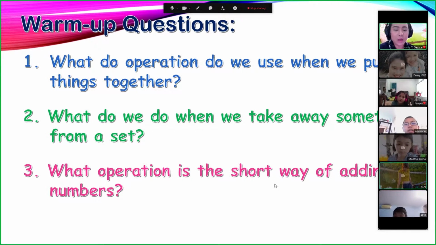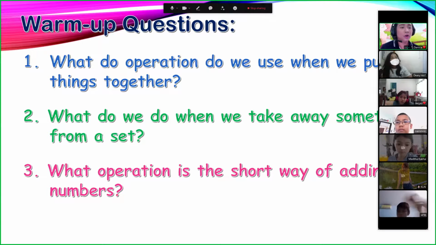For example, you have 7 plus 7 plus 7 plus 7 plus 7 plus 7 plus 7 plus 7. If you want to make it short, what operation can we use instead of saying 7 plus 7 plus 7?